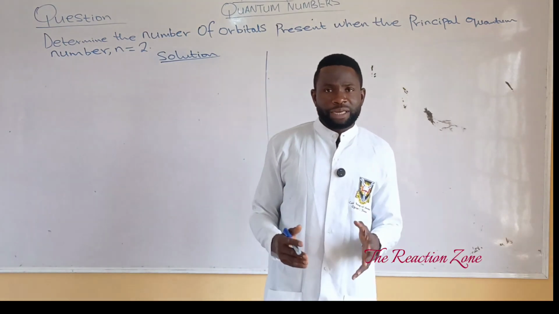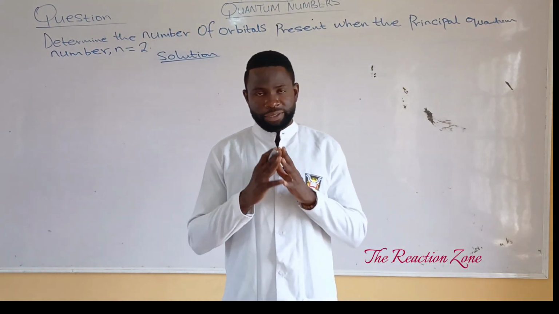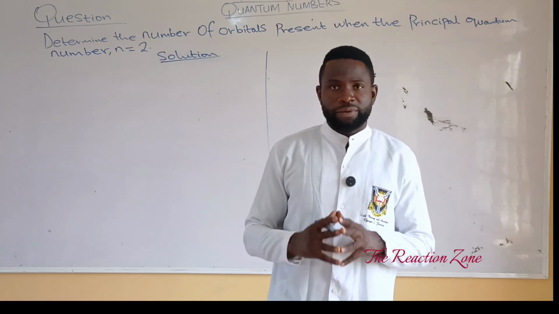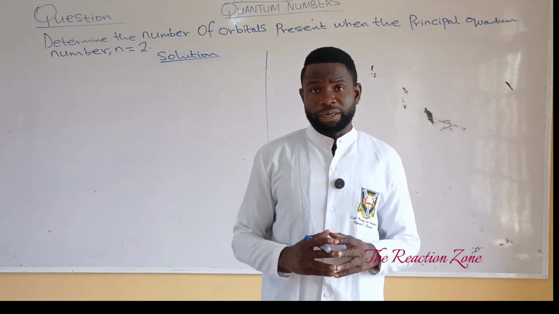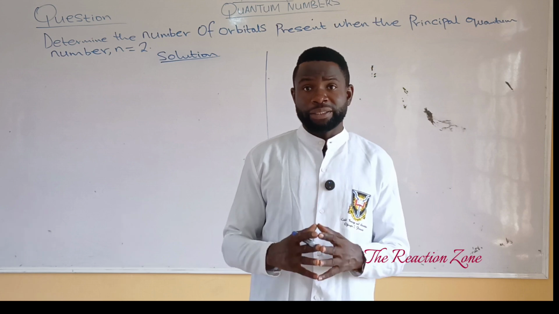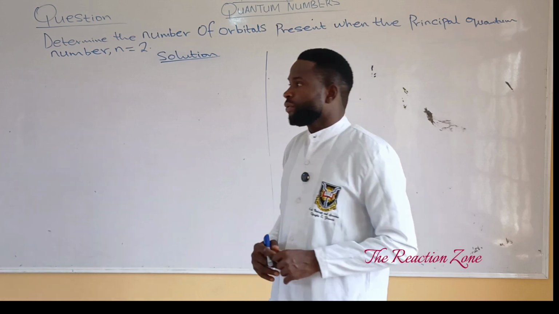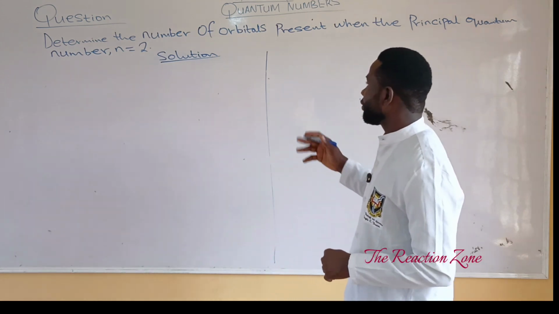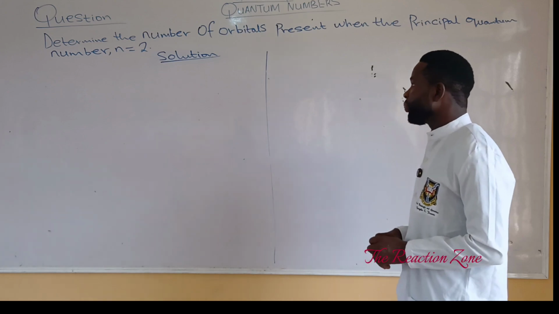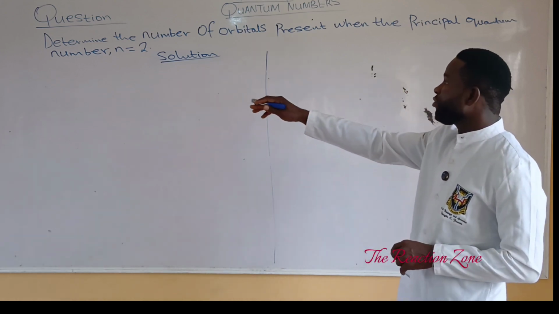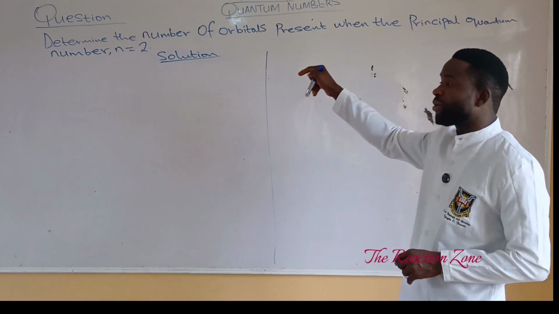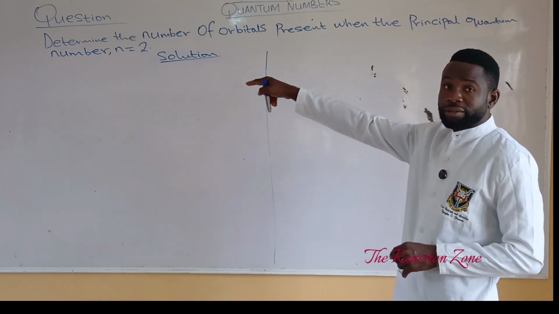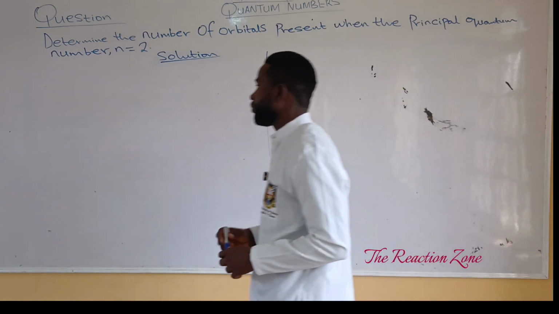Also, an orbital is described by 3 quantum numbers: principal quantum number, azimuthal quantum number, and the magnetic quantum number. So, to solve this problem, we need to know the values of the quantum numbers for each of the orbitals present when n is equal to 2.